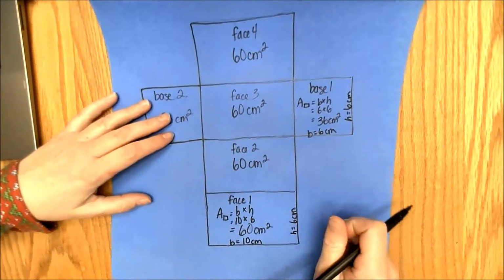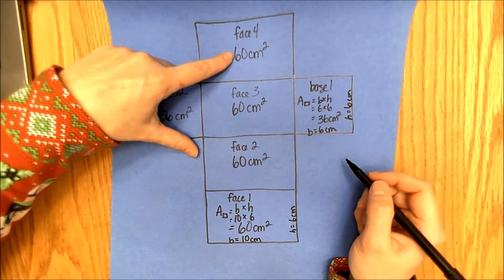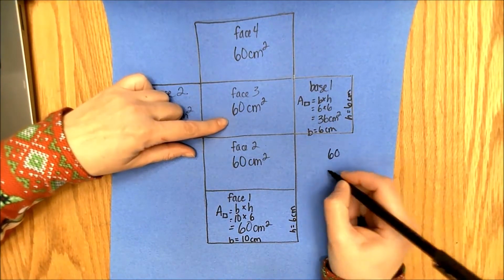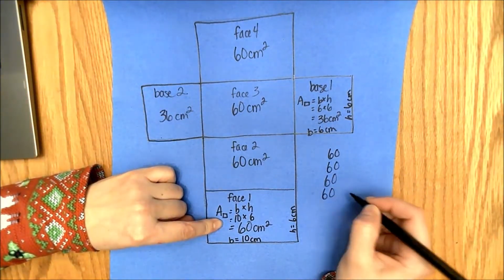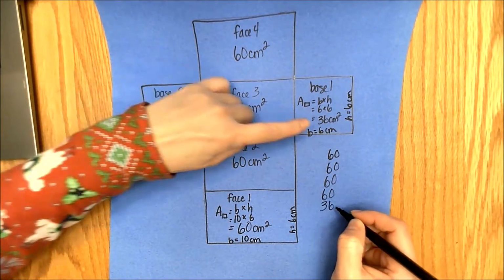Okay. What do we have here? We have 60 plus 60 plus 60 plus 60 plus 36 plus 36.